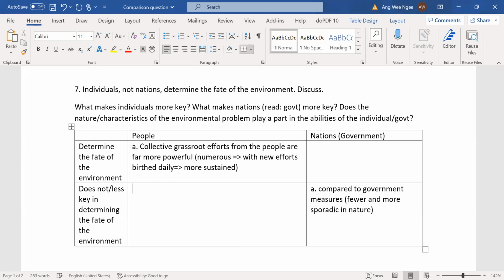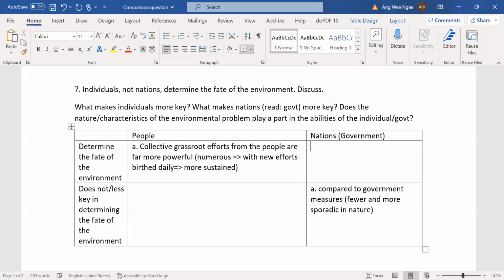So for example, if I say that nations or governments, in other words, are more key, I can start to think about the type of environmental problem. So while it is the fact that maybe people can affect local environmental problems, maybe nations are better at handling the transnational nature of environmental issues.